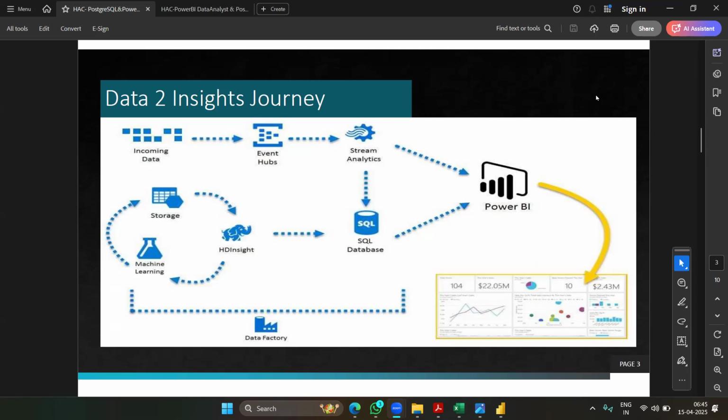Right? Now let me put it this way. All the activities that happen as part of the business, right? If it is the banking sector, all the transactions, opening accounts, loan accounts, personal accounts, savings accounts, all these are activities. Capturing all these activities, we call it data, right?